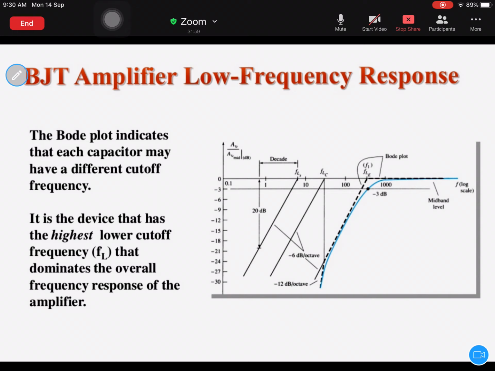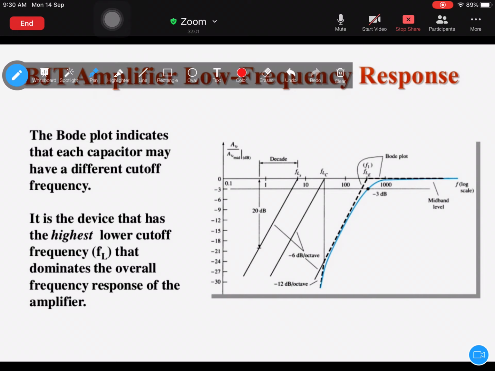And here FL, among these three, the FL value chosen for transistor operation will be this one, FLE. That is why he has written here F1.